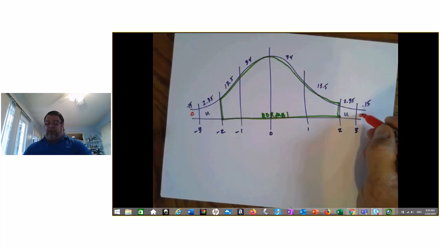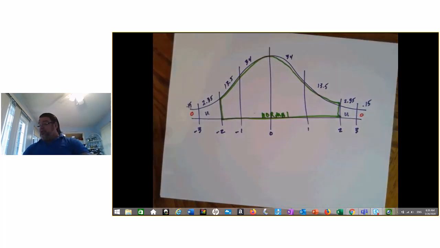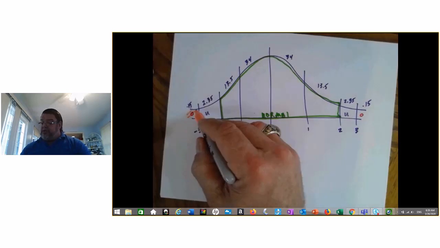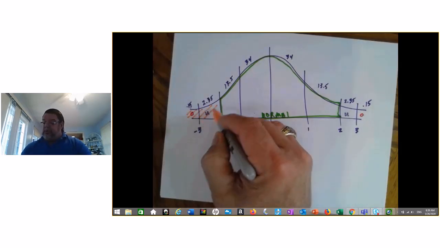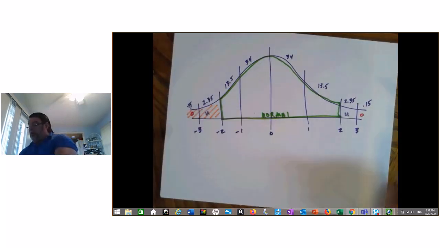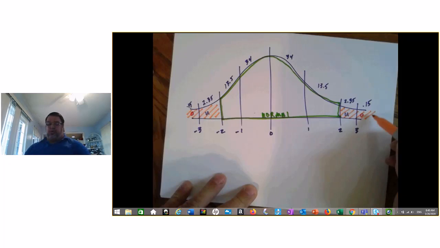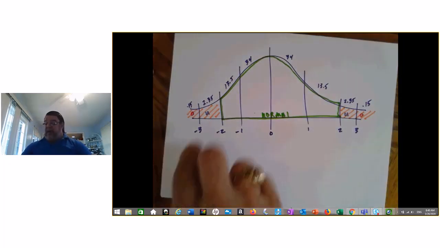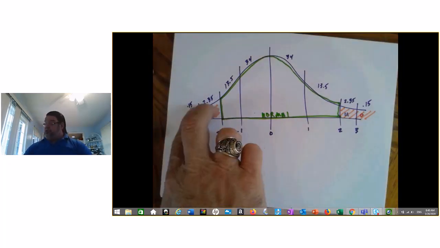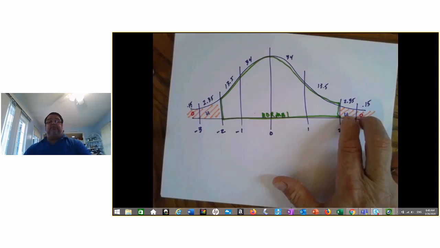That's where you get the nickel rule. I told you the nickel rule. The nickel rule says if your probability is over a nickel, then it is normal. If your probability is less than a nickel, it's what? It's unusual. What's 2.5 plus 2.5? 5. Okay?